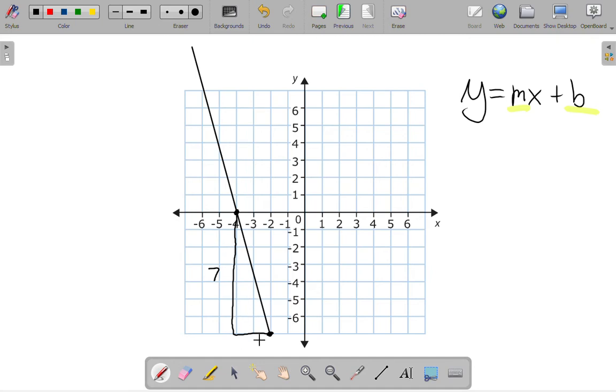My rise is 7. My run is 2. All right. So this is going down. So if I started at this point, I would have to go down 7, right 2, which means my slope would be -7 over 2. So -7 over 2x plus b.